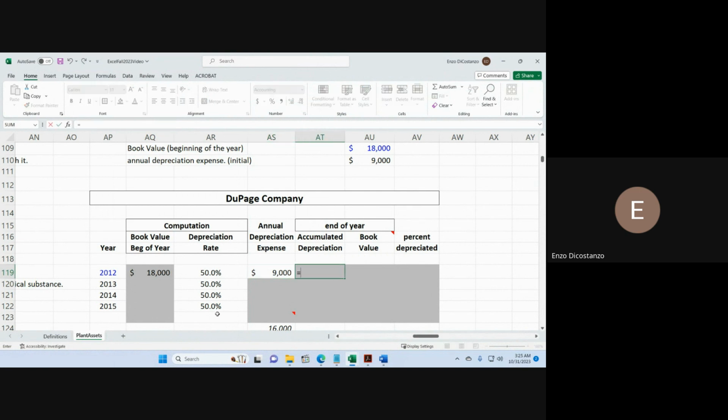Okay, and we'll use the same formula from previous. That's just that.